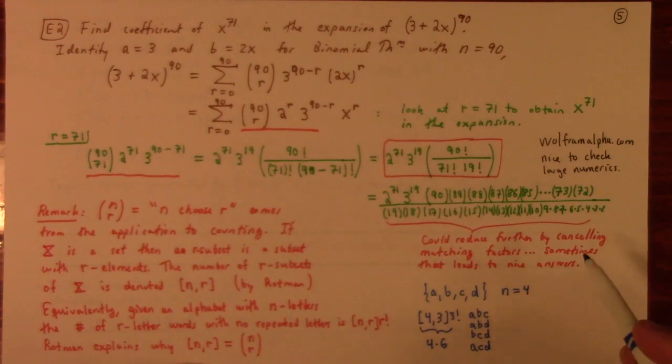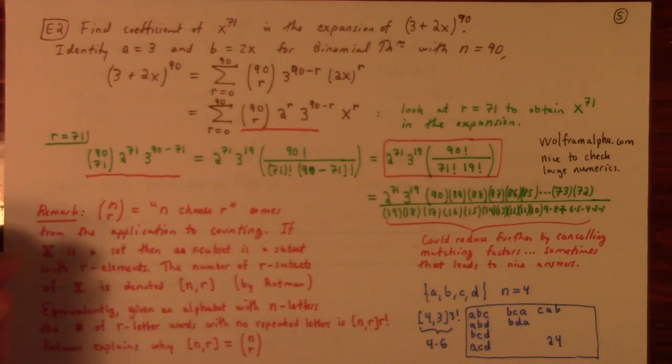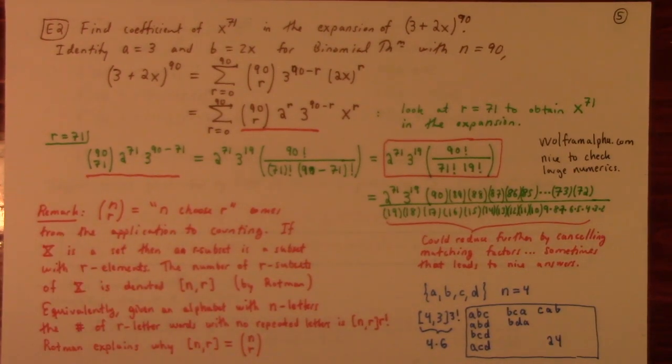All right, so you got these, and then of course you can also do BCA or CAB or BDA. Anyway, let me not finish this. If you continue on all the different possible words, there are 24 of these guys. So, sorry about that. You win some, you lose some.